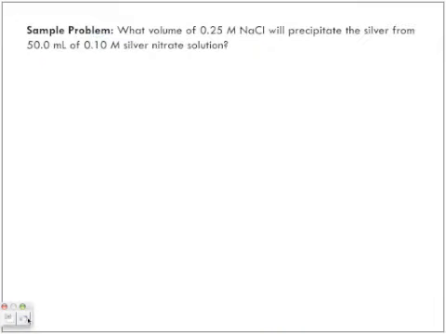Last sample problem. What volume of 0.25 moles per liter of sodium chloride will precipitate the silver from 50.0 milliliters of 0.10 moles per liter of silver nitrate solution? Our equation, we're combining silver nitrate with sodium chloride.